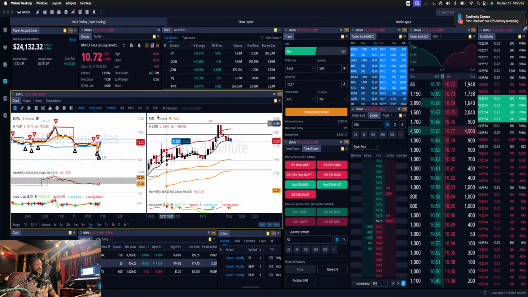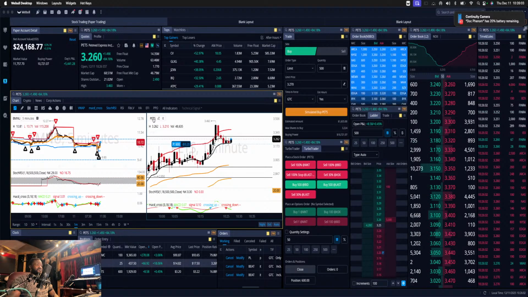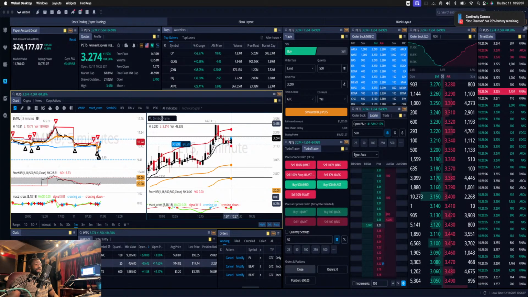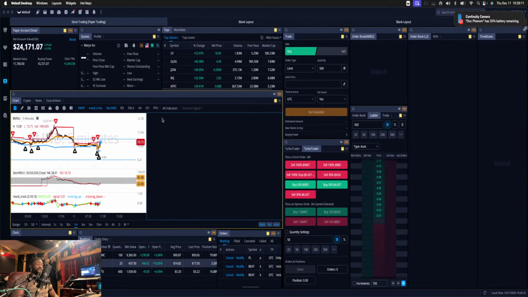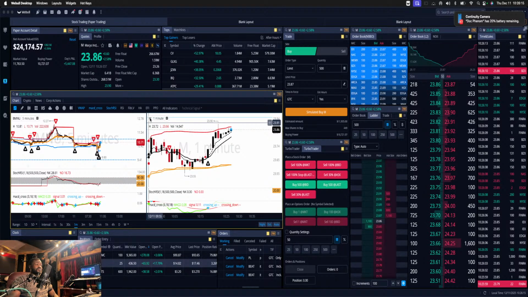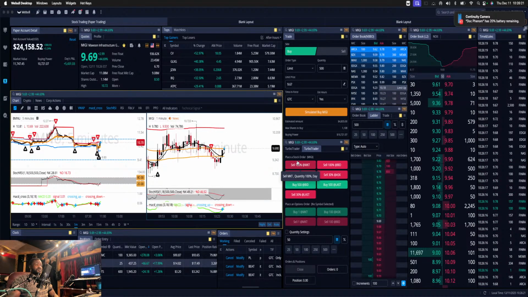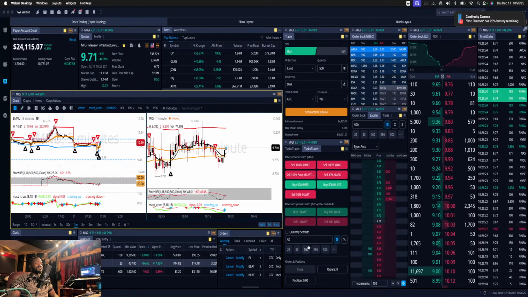It's got the setup. We're going to let PETS do its thing for now. We got 600 shares, MIGI. MIGI was just bouncing off VWAP. It's a $10 stock, so let's just get 100.